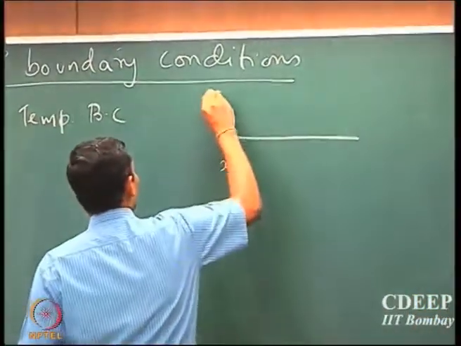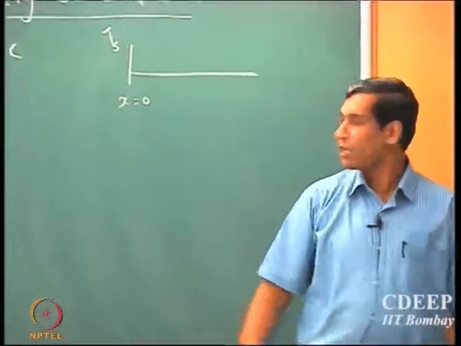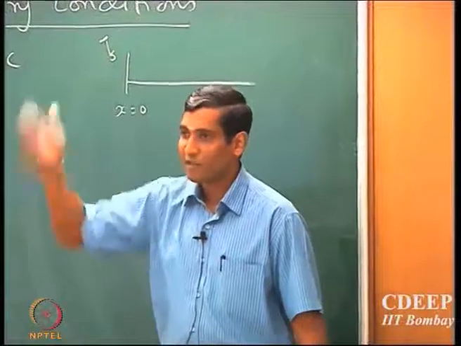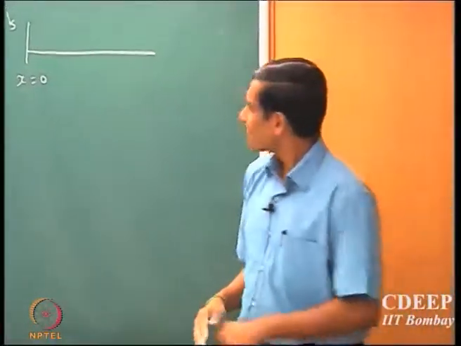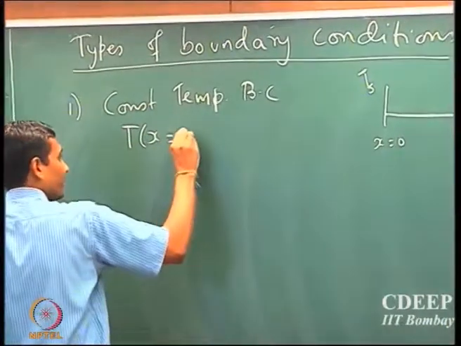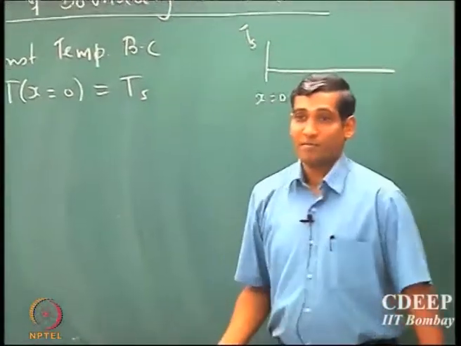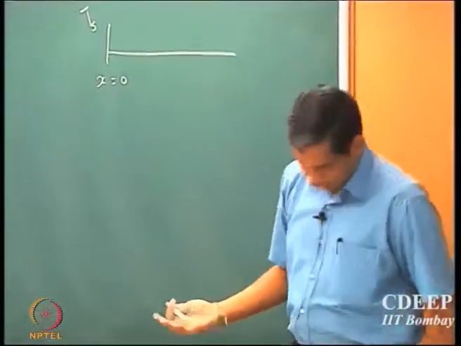So, you can say that the temperature is fixed at some constant. Typically I use subscript S for surface, so it could be surface temperature. So, we can say that the temperature at x equal to 0 is maintained at a certain constant temperature Ts, okay. So, that is one type of boundary condition.